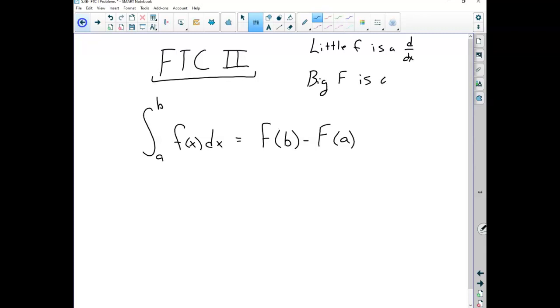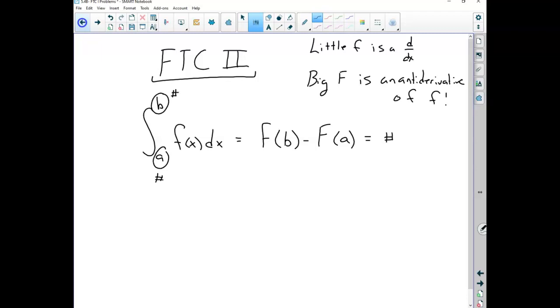And big F is an antiderivative of little f, okay? And we will talk about big F and little f. And remember, this integral is going to equal a number, especially when these are both numbers.